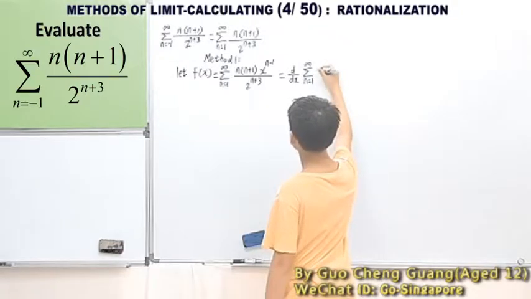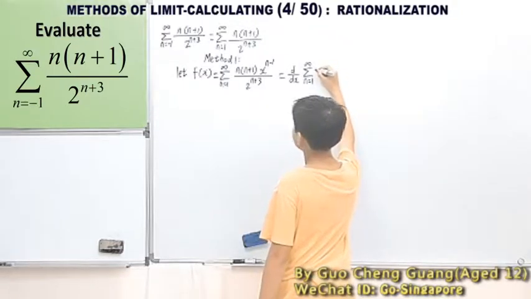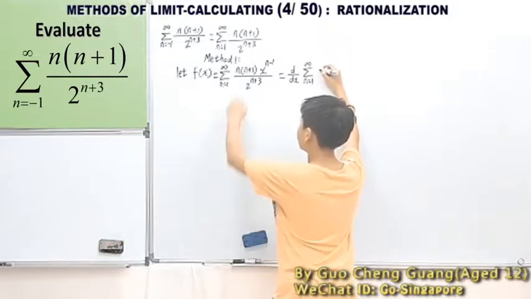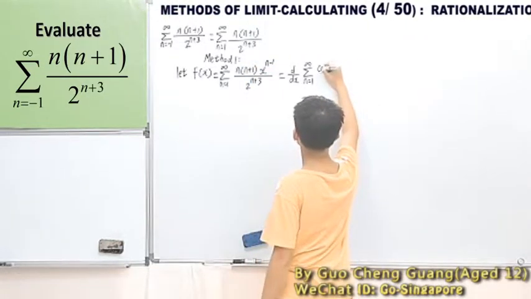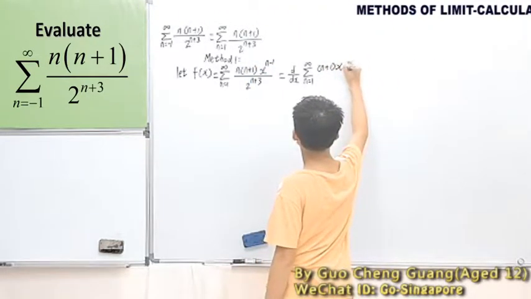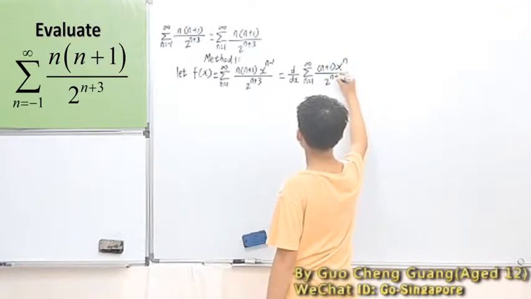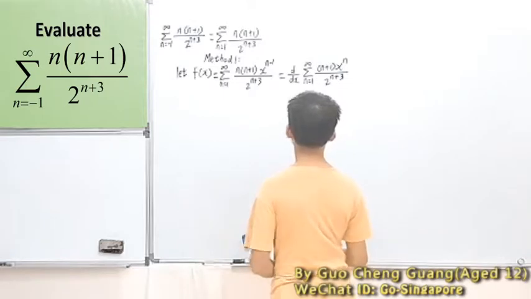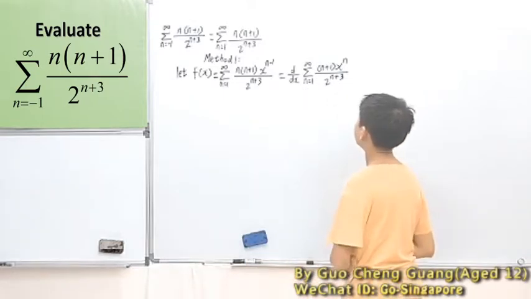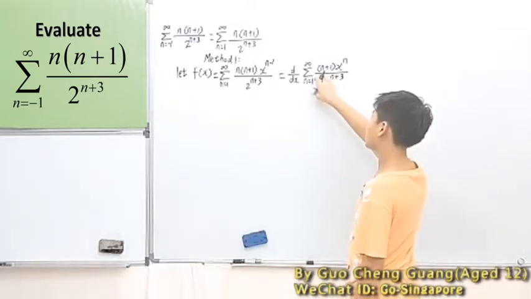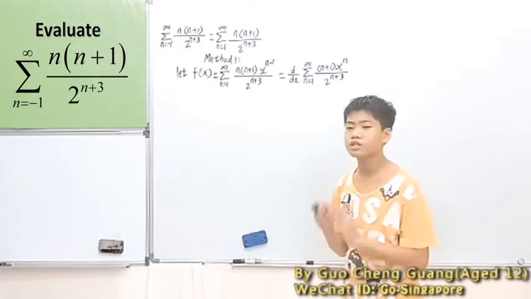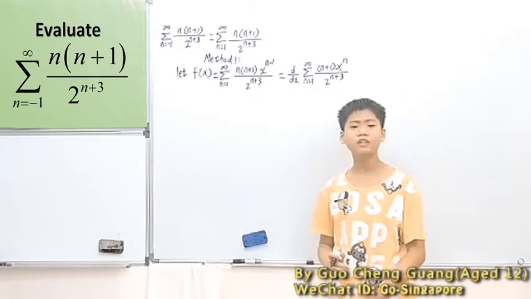Now what happens here? So this part, n will be taken up, x to the power of n over 2 to the power of n plus 3. Like this. But the problem here is n plus 1. We still have that coefficient.